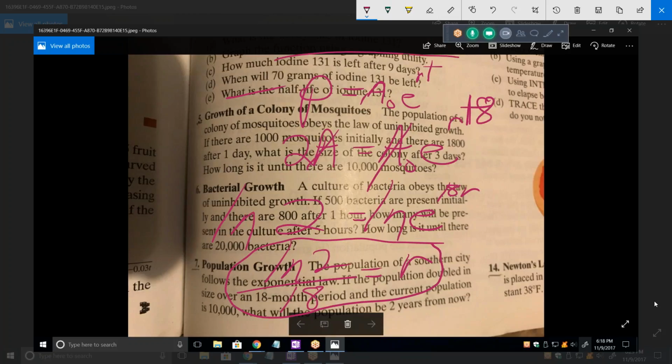If this is my equation, and they say the current population is 10,000, I can treat that as an initial population, times e to the natural log of 2 divided by 18 times 2. Ah, not times 2. Times what?